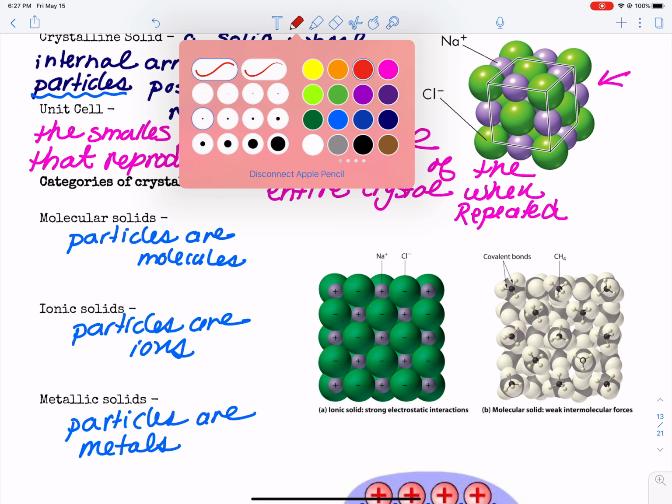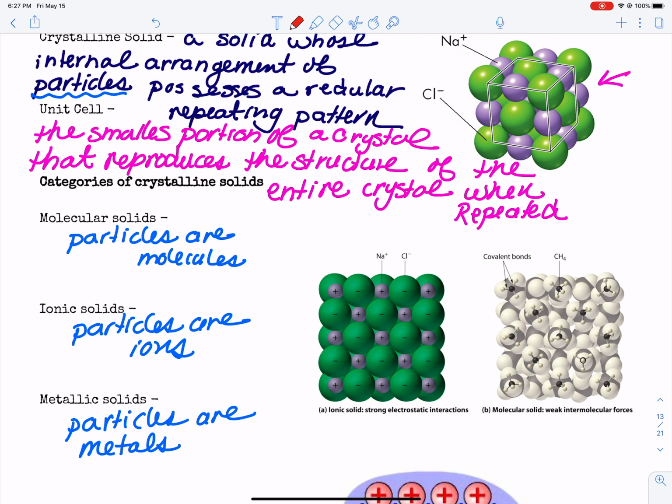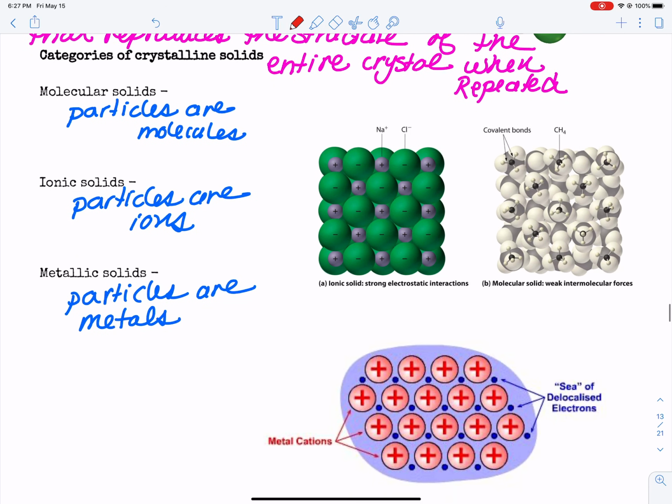Now, the other piece of this, just as a review, we've talked about this earlier: what is actually holding those particles together? In a molecular solid, the particles are molecules, so what is holding them together are intermolecular forces. So I'm just going to write held by intermolecular forces.